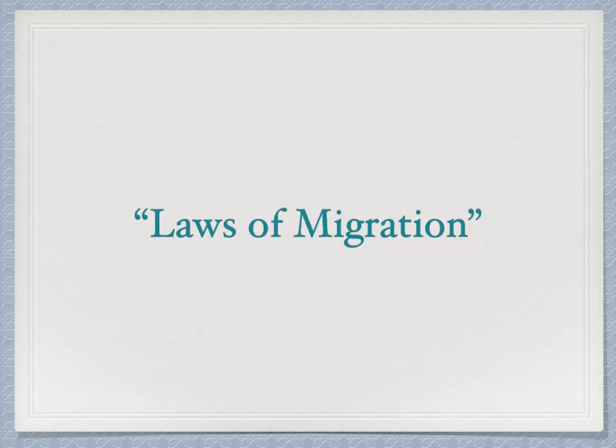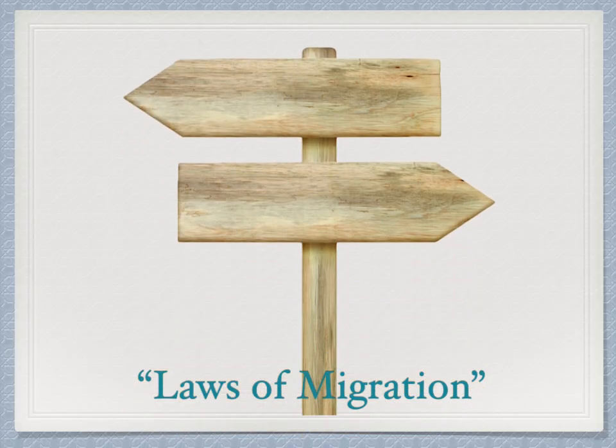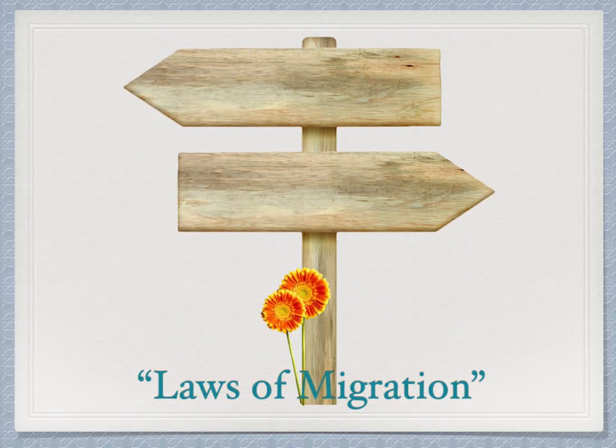One of the interesting things about migration is that it tends to follow certain "laws." Now notice these are in quotes because they're not set in stone, it's just that they're very commonly observed. The first law of migration is that most migrants only travel a short distance.